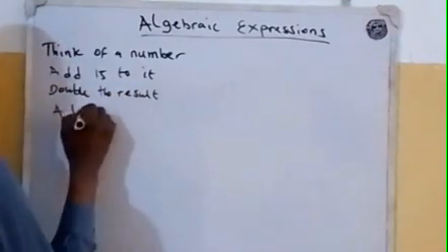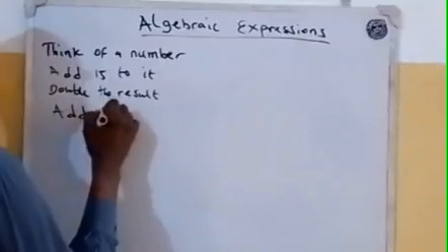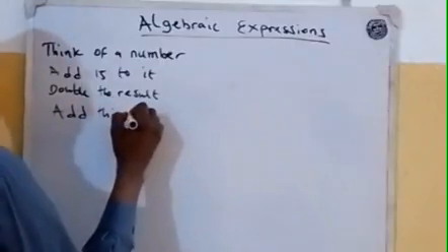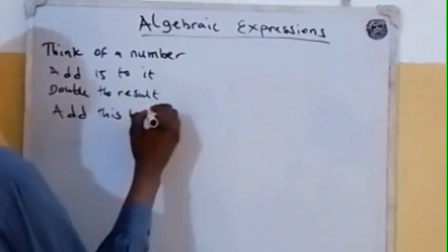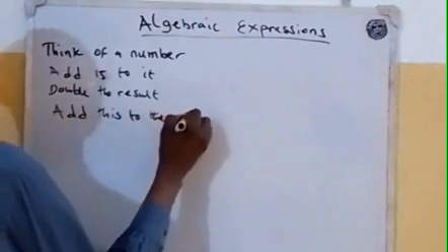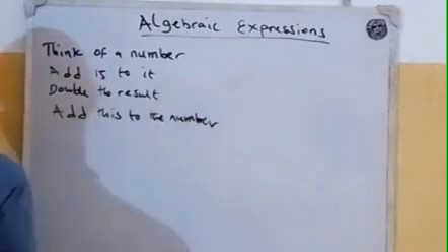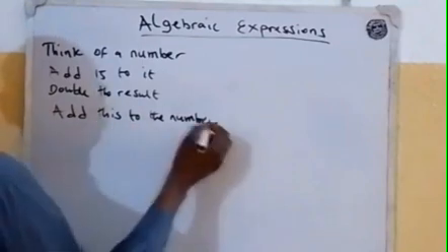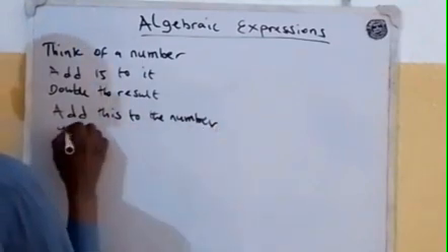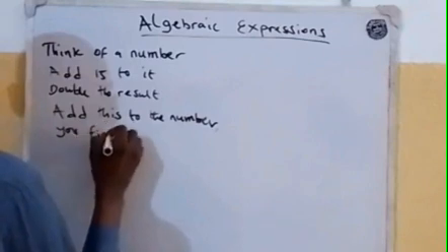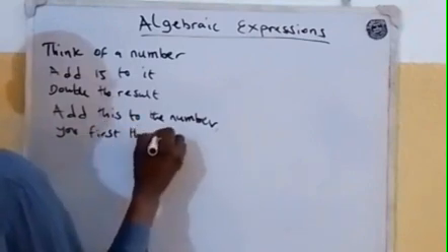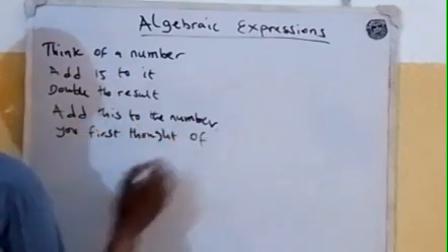Add this to the number. We're taking it line by line. The number you first thought of. Okay?